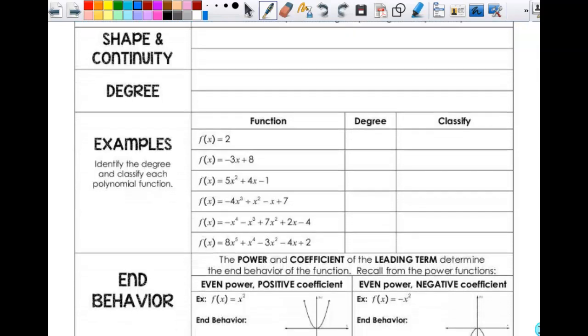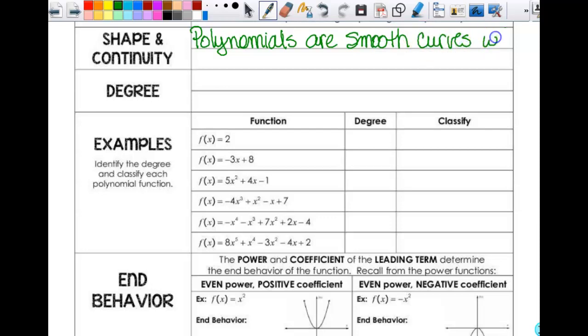So shape and continuity, what you need to know about polynomials, which is going to be helpful in some cases, to know the true definition, is that polynomials are smooth curves with no breaks.